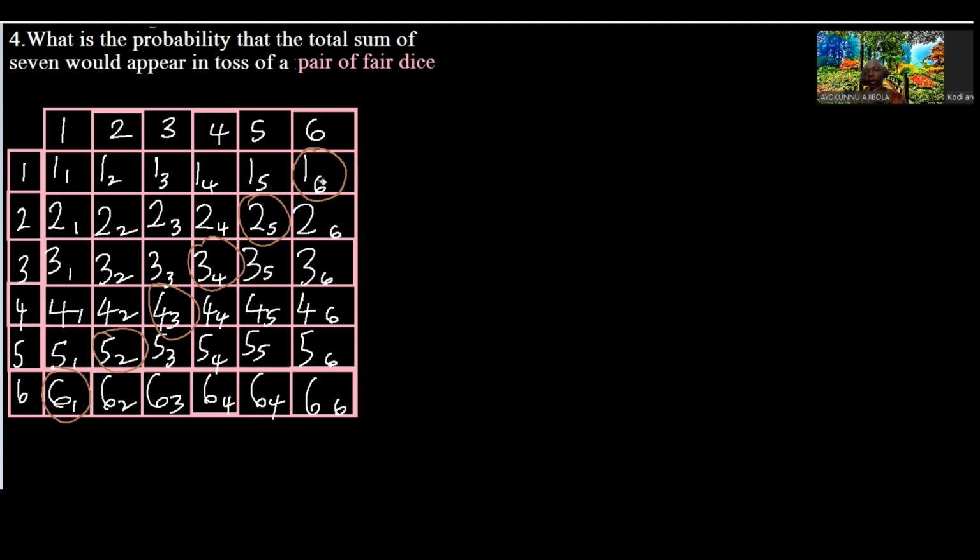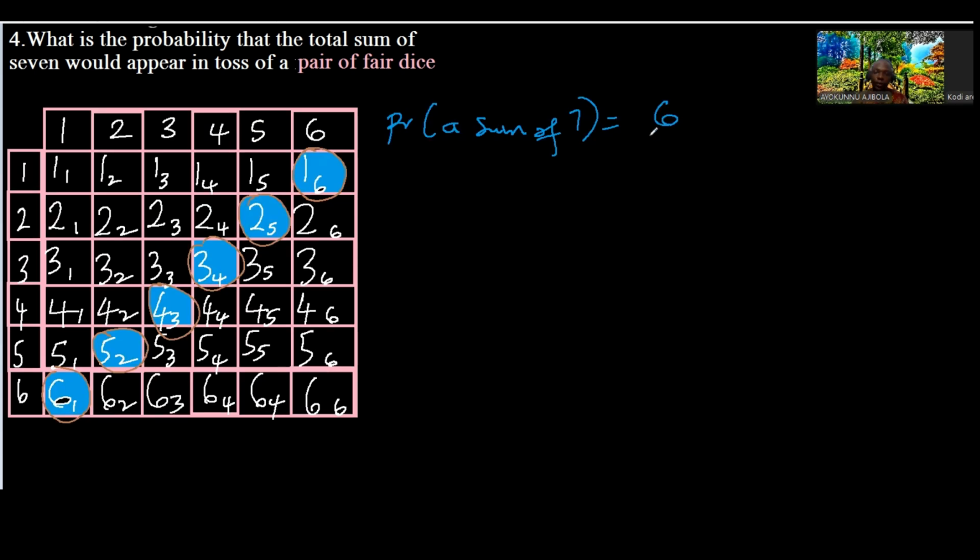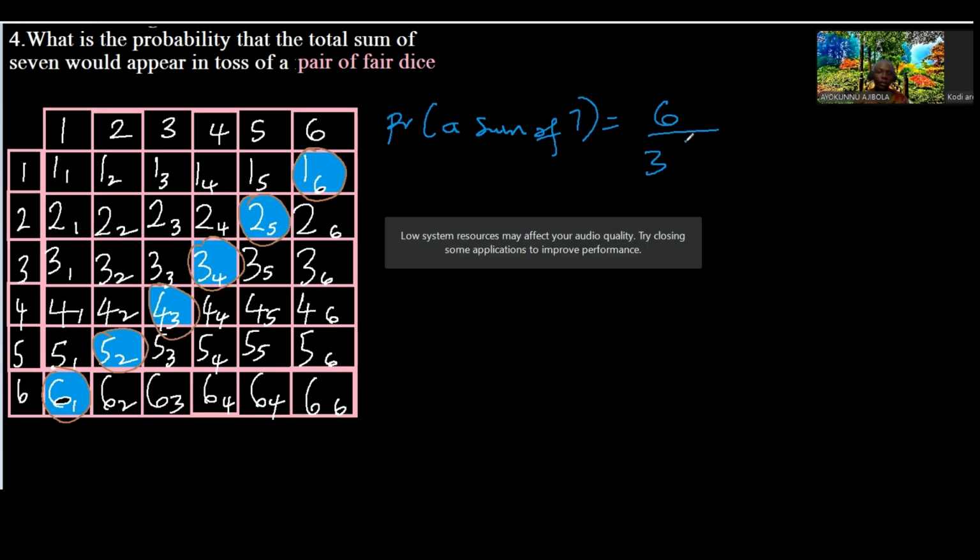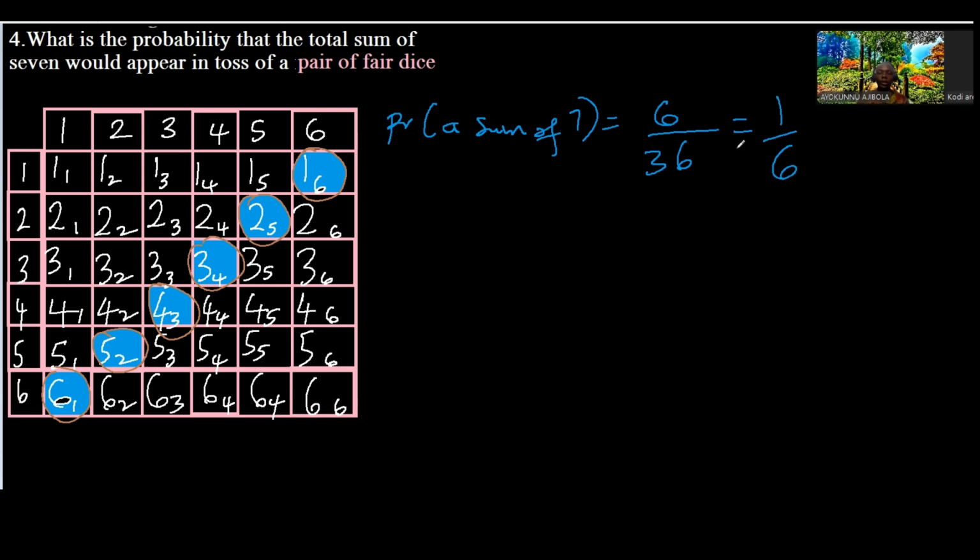So the probability of a sum of 7 will be the number of those sums of 7, which is 6, over the total sample space, which is 36. And this is 1 over 6. Is this clear to you?